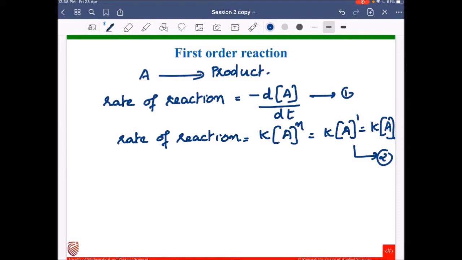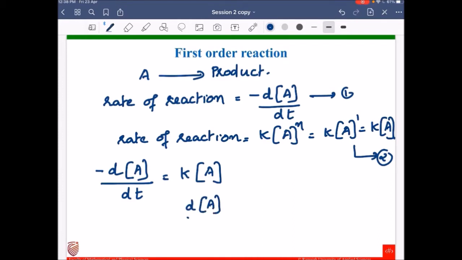I can equate both equation number 1 and 2 because left hand sides of both equations are same. So I can equate the right hand sides of these two equations. So I will get an equation: minus dA by dt equal to K into concentration of A. I am rearranging this equation: d of A divided by A equal to minus K into dt.